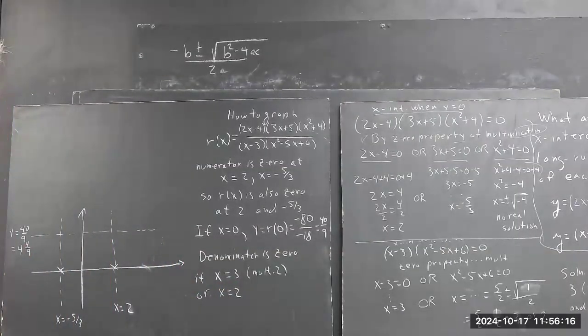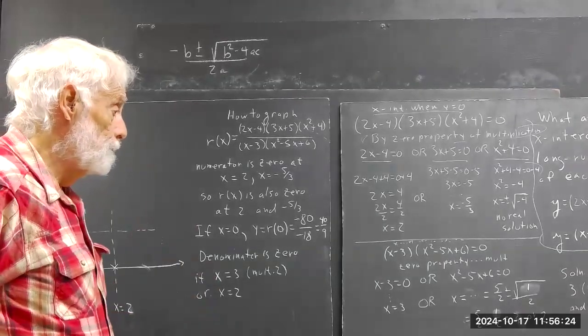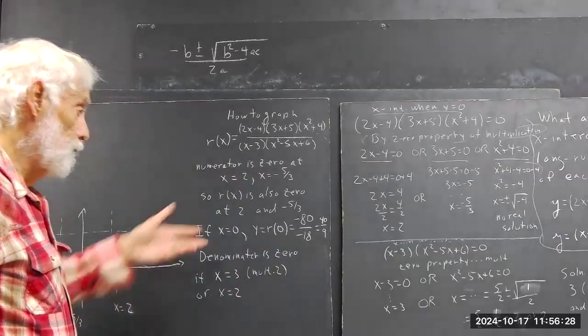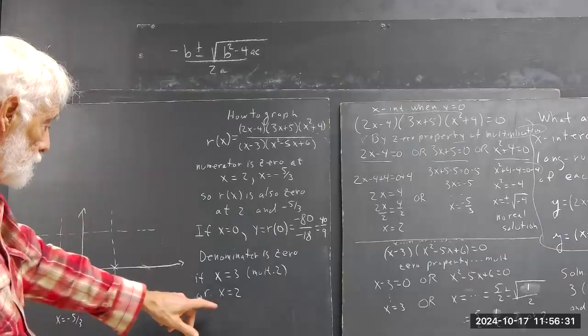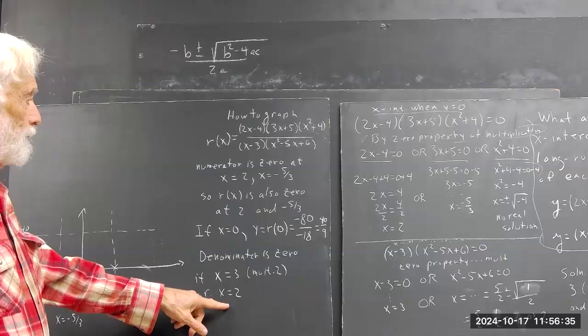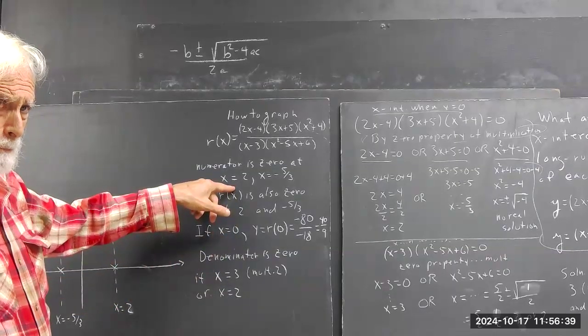Uh-oh. Well, that's a big problem. I wanted to address this, and it just bumped up. I'm a little careless with my zeros. The randomness, which wasn't all that random. The denominator is 0 at the same point where the numerator is 0.